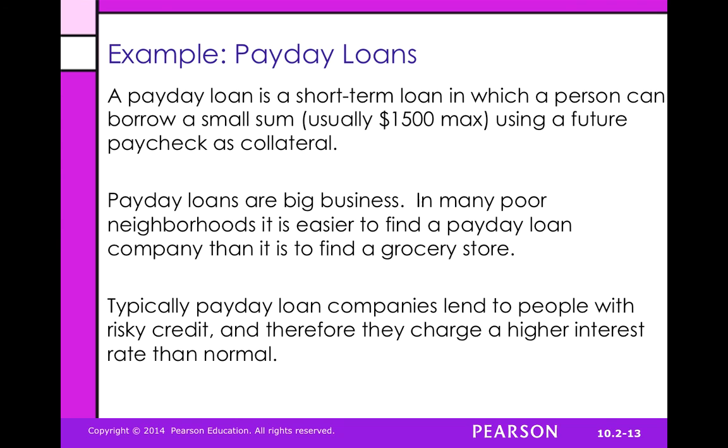If they didn't need them, they wouldn't take them out. So payday loan companies basically say, we are providing a service by lending to people that nobody else will lend to. But since these people are risky, they are credit risks, they are more likely not to pay us back. Therefore, we must charge a higher interest rate than, say, Bank of America would.